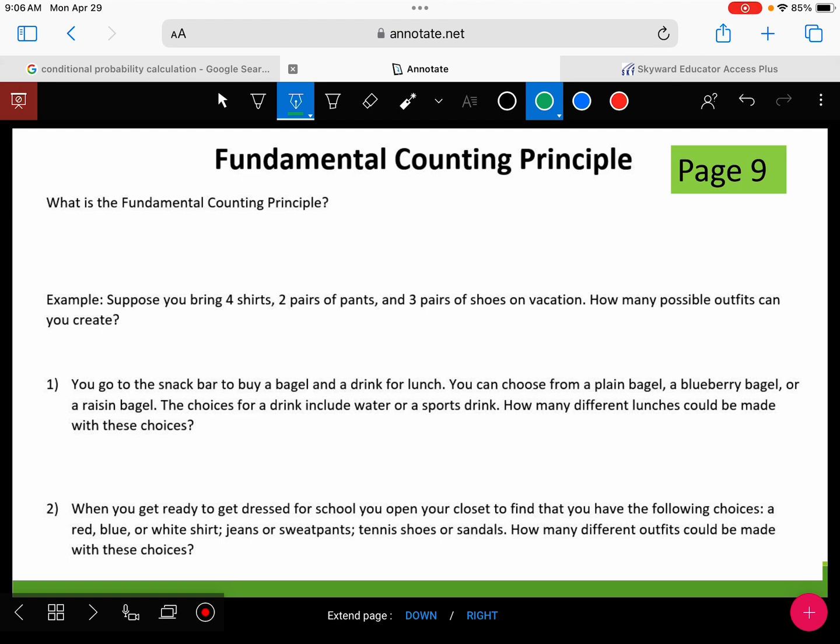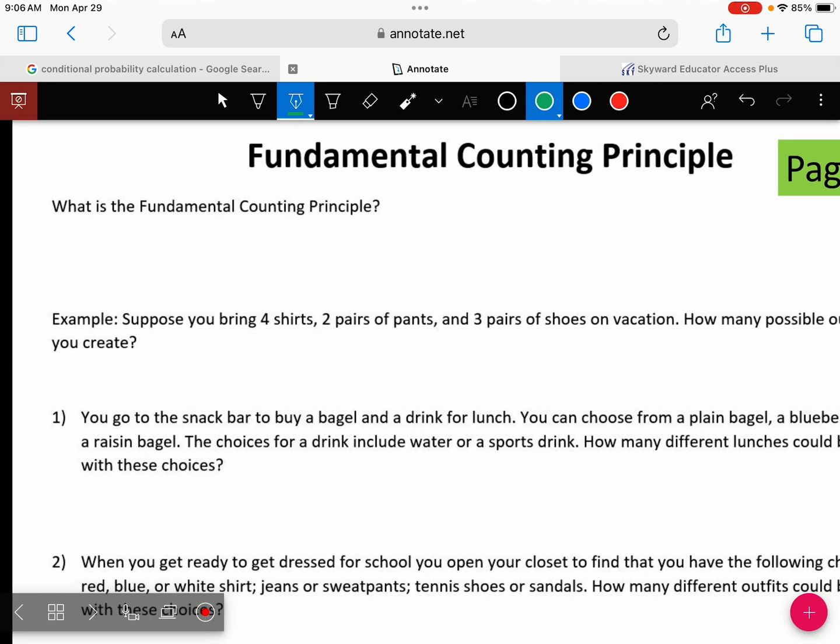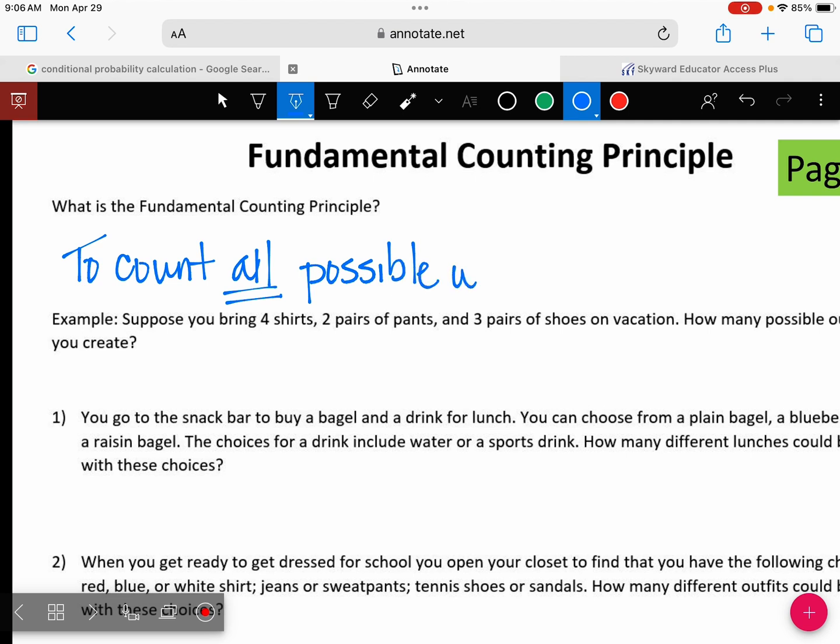Okay, all right, so to count all of the possible ways, the fundamental counting principle simply says you multiply your choices.